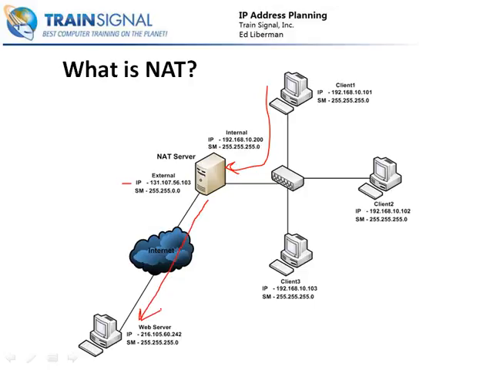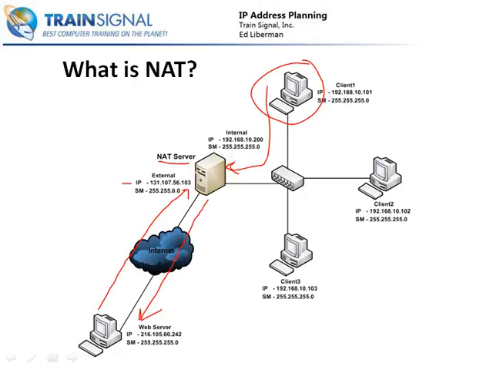Now the web server doesn't know who actually sent the request. The web server believes that the NAT server sent the request, so the web server will send a reply back to this NAT server, to a destination of 131.107.56.103. When the NAT server receives this, it says, I wonder who was looking for this web server.